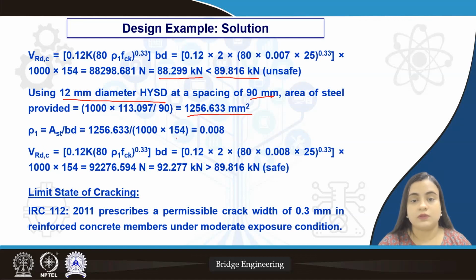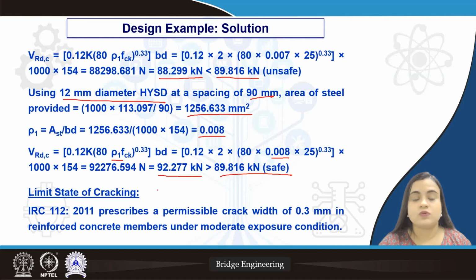Rho 1 in this way gets updated to 0.008 in place of 0.007. So now if we apply the changed value of rho 1 in this expression, then the ultimate shear strength of the section turns out to be 92.277 kilonewton, which is higher than the ultimate shear force. So the section is found to be safe.